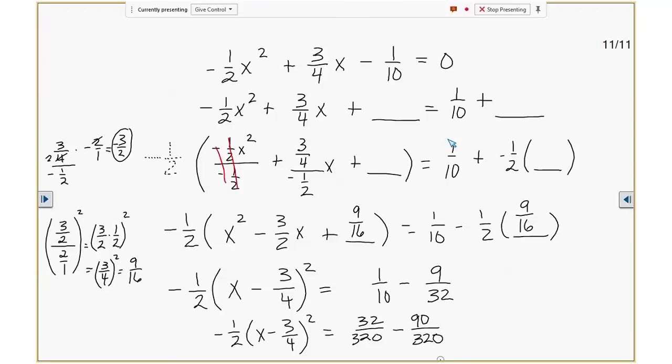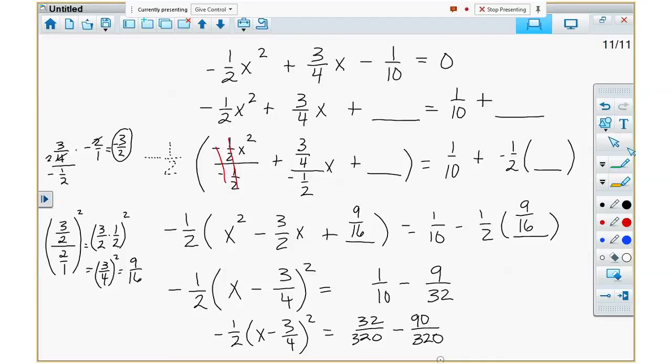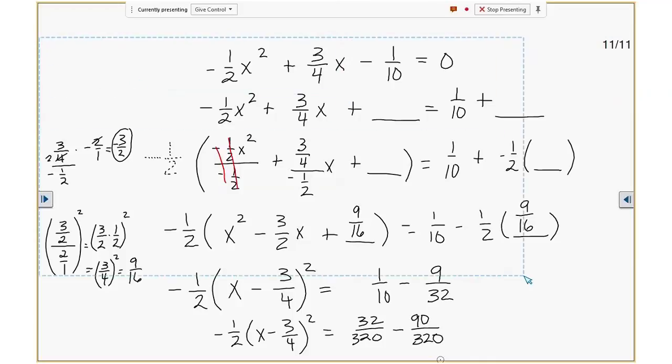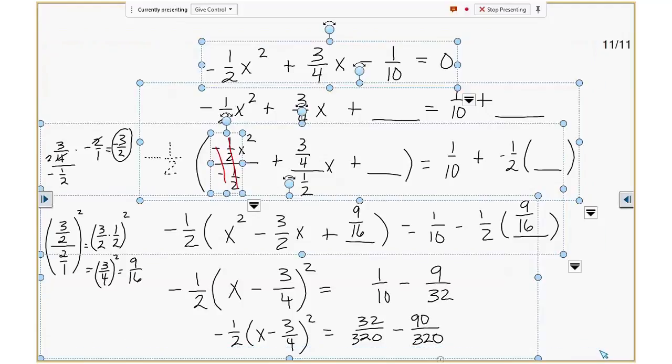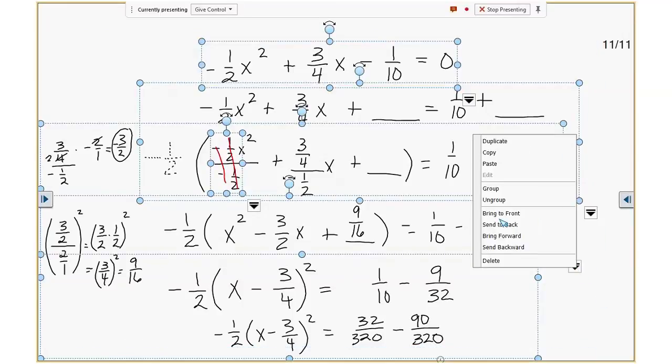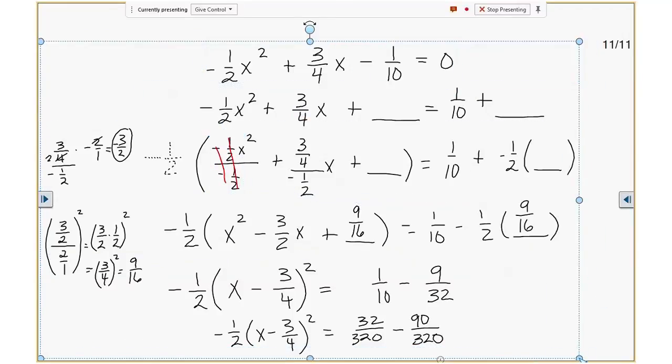Make sure I get it right. 32 times 10 is 320. All right, now I'm going to scrunch that down. And if you're still having trouble, then there's just no hope. Group therapy.